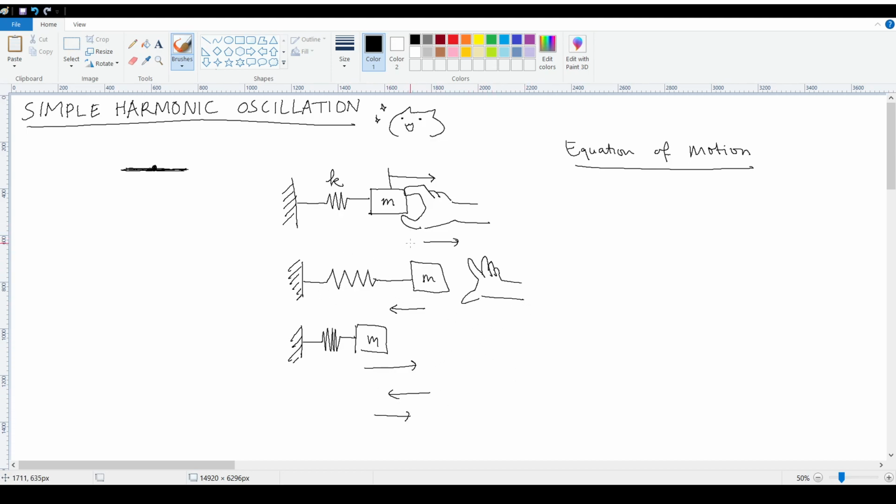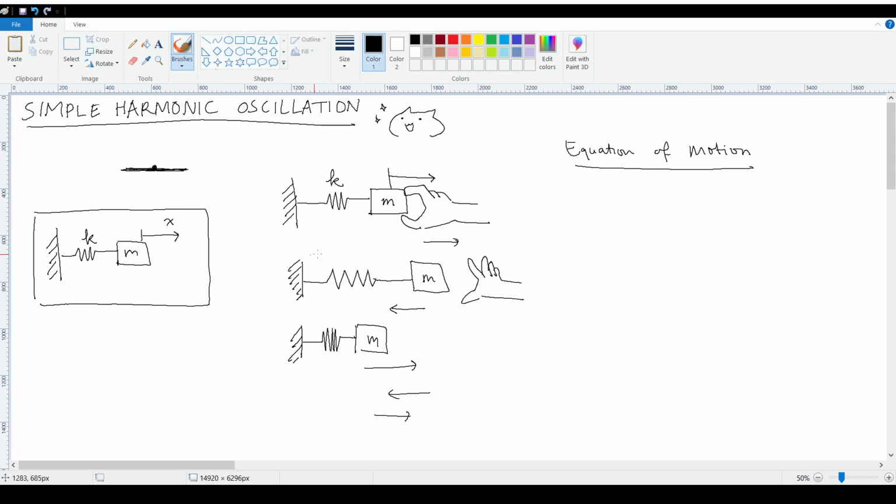Okay, I will draw it again so you will not be confused. This spring and mass could oscillate if there is a displacement. Let's call it x because it is in the x direction in this diagram.